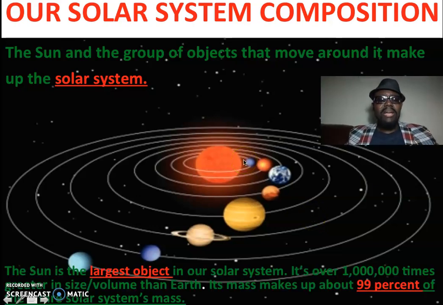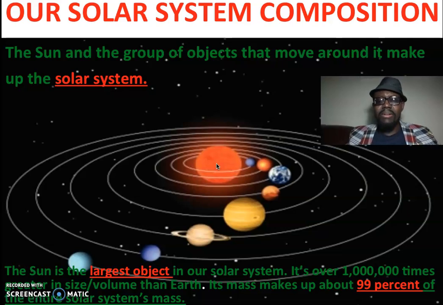When we look closely at the solar system, the sun is the largest object in our solar system. It's over 1 million times greater in size and volume than the Earth. If you compare the mass of the sun to that of Earth, the mass and also the volume of the sun is over 1 million times greater. So the sun is very, very massive.